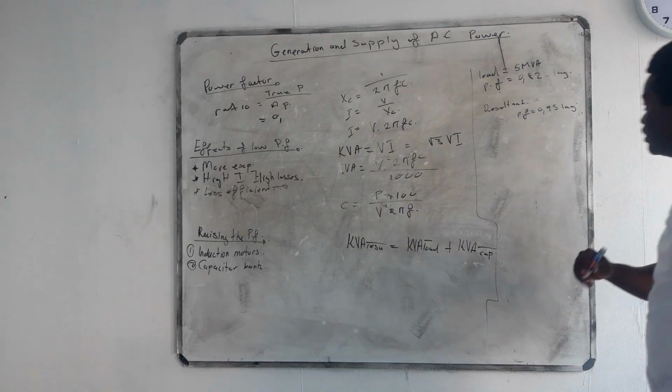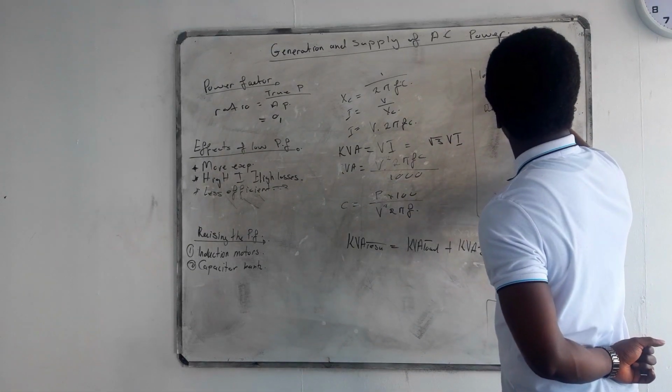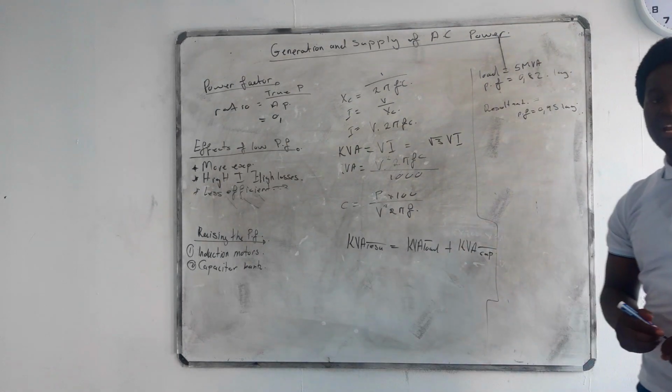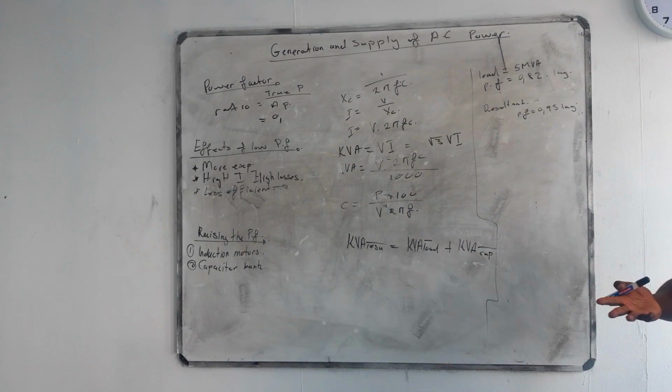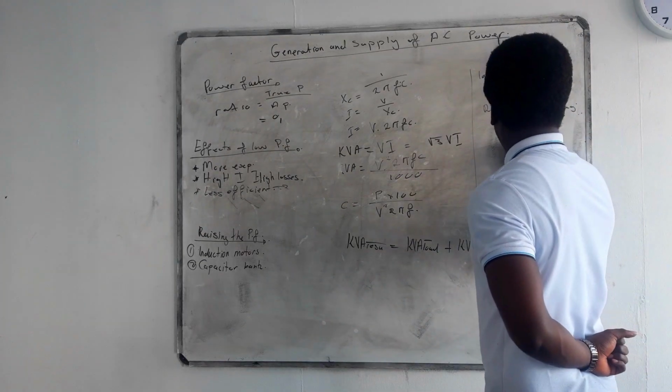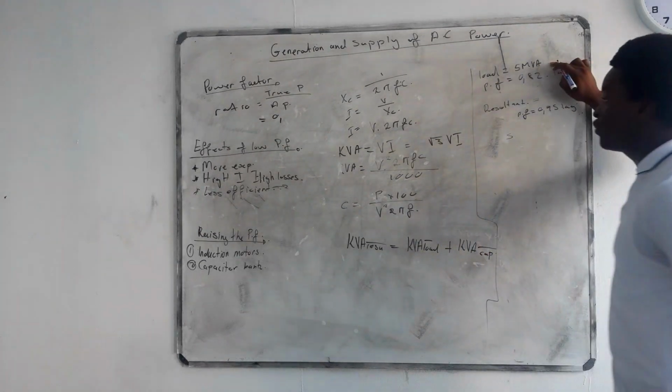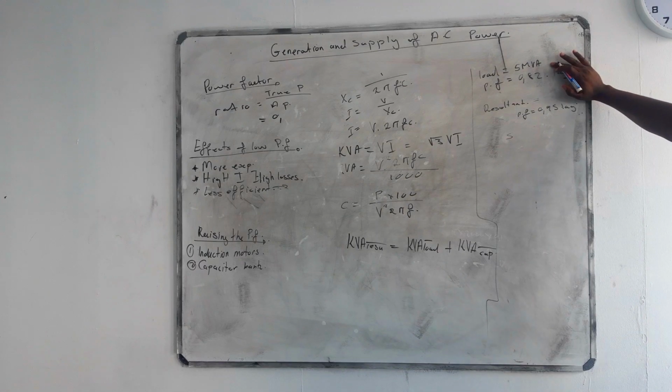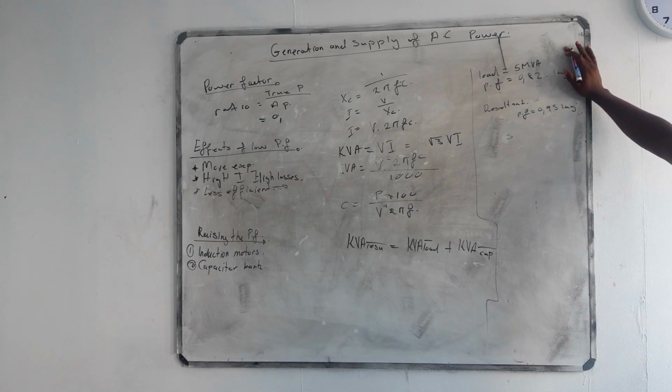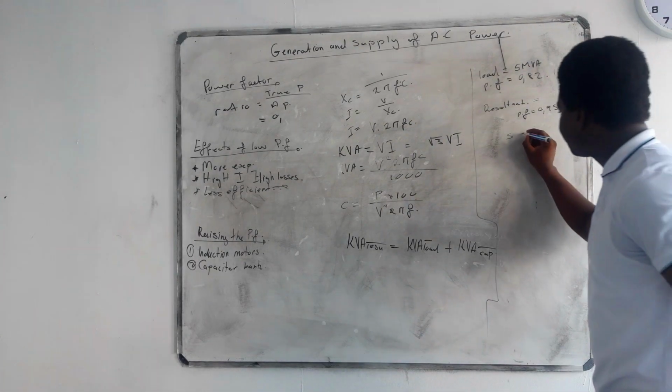So we need to calculate the true power, and remove mega as well and use kilovolts. To remove mega, we multiply by 1,000 to put it in kilo, so it will be 5,000.